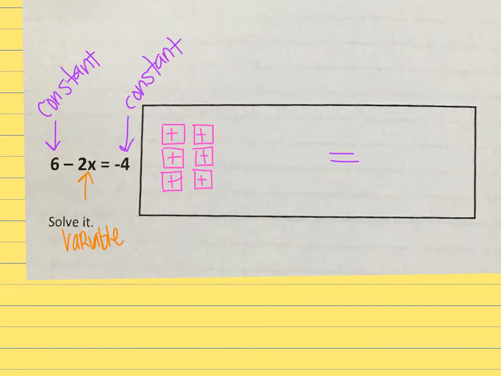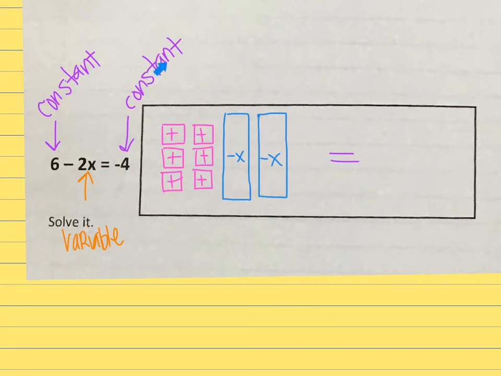It doesn't matter. I'm going to have rectangles, and I'm going to put negative x, and then I'm going to draw another one and put negative x. If I had to do these on my own, this is how I would do it. Then I have the equal sign, so I've drawn an equal sign.